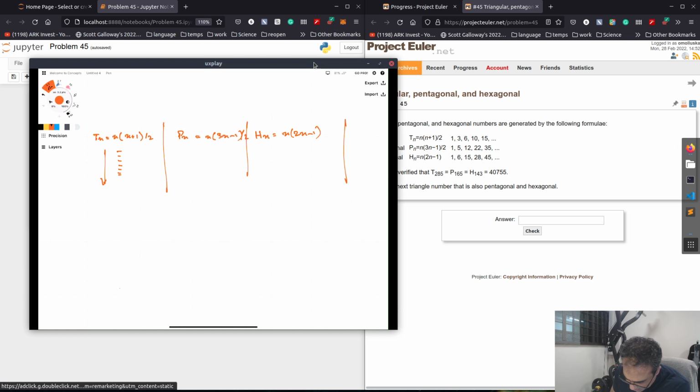So 2Pn equals 3n square minus n plus 0, right? So 3n square minus n minus 2Pn equals 0.